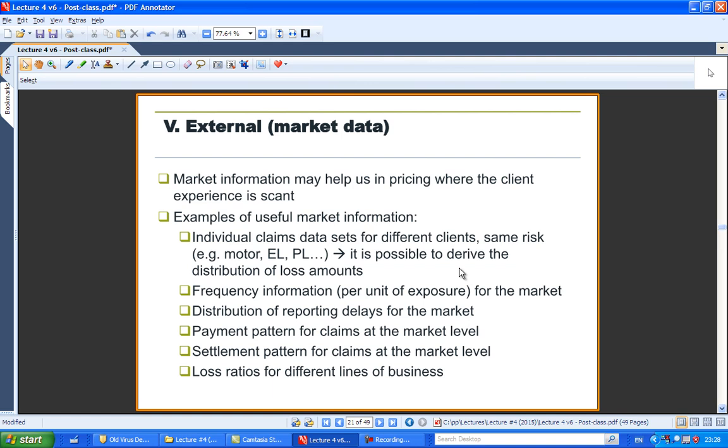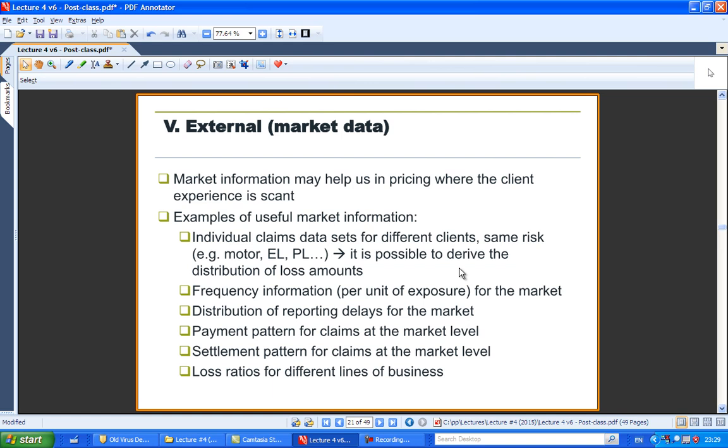Information on the frequency of claims from the market, so how many accidents or claims there are for car insurance, for third-party liability insurance for motor in the market. That, of course, is something that is useful for us to know if we write motor insurance. The same thing for reporting delays, for payment pattern, how fast the claims are paid, how fast claims are settled, and then loss ratios for different lines of business.